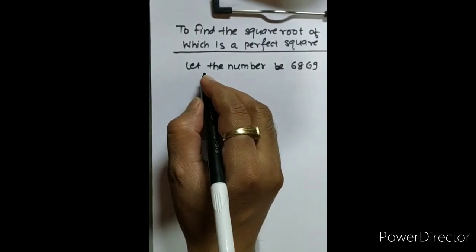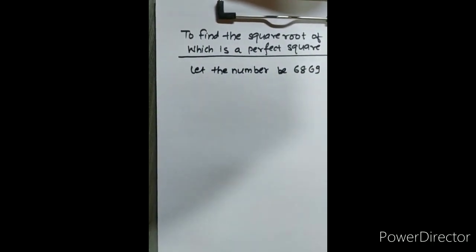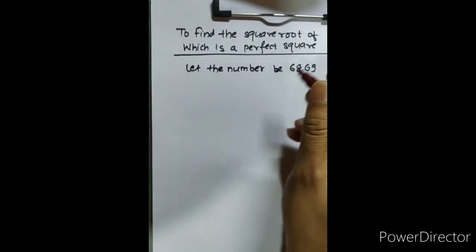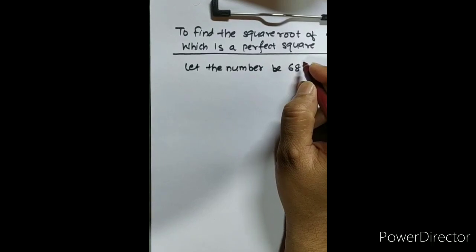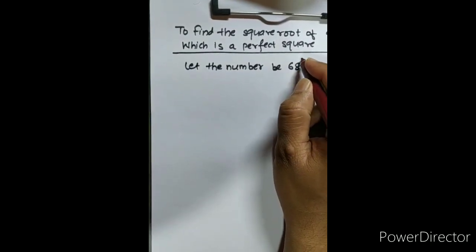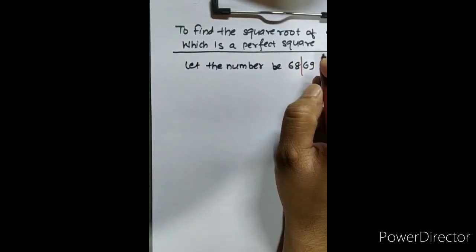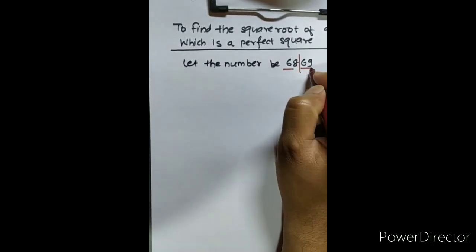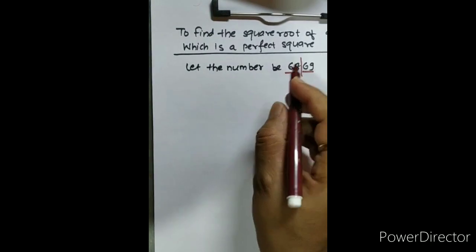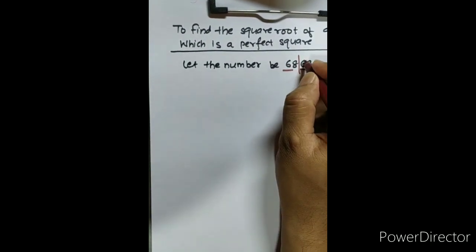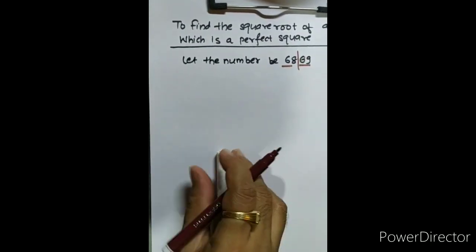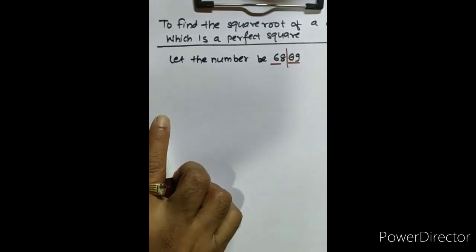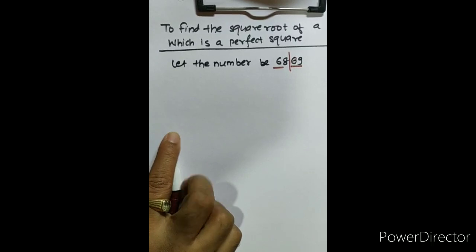The first step is to break this number into pairs, starting from the right and moving towards the left. So I have broken down this number into two parts, 68 and 89.